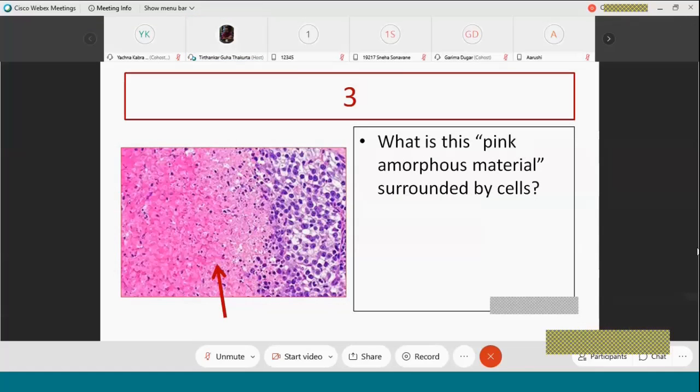In this picture, you can see some cellular material and some amorphous pink material or hyaline material. What does this hyaline or amorphous material represent? Such a granular appearance with no cellularity usually represents necrosis.